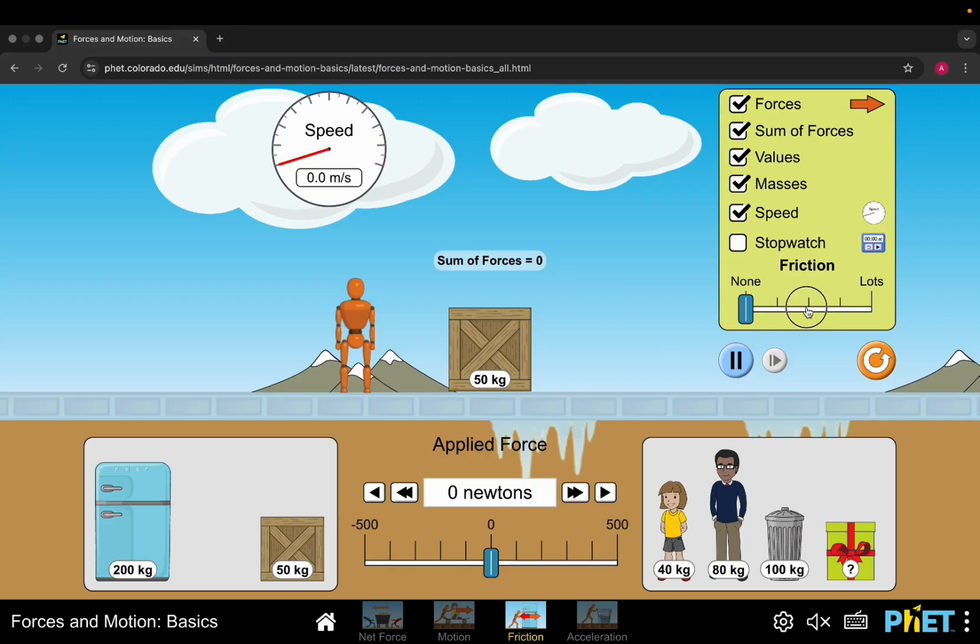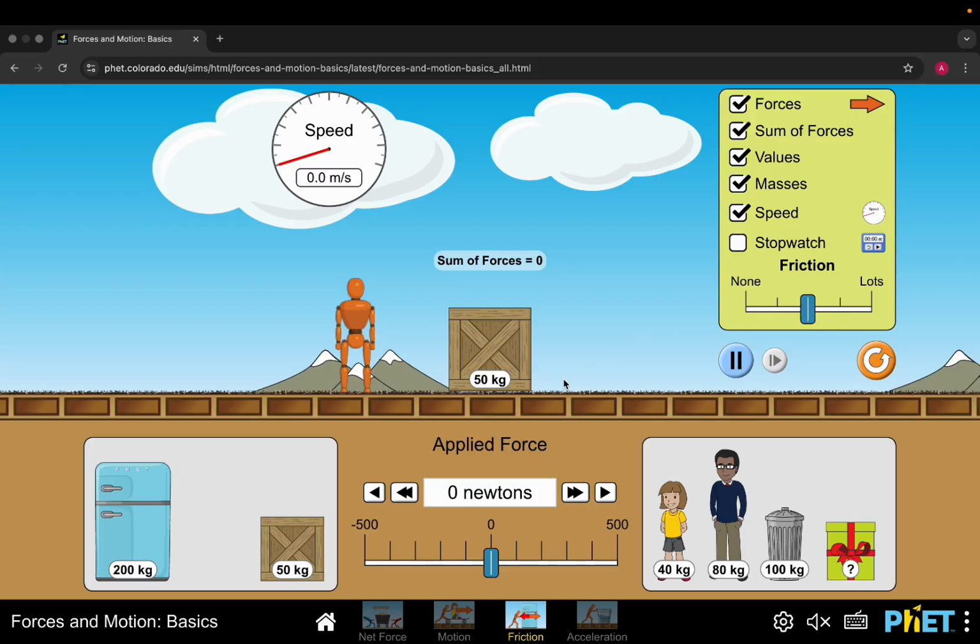But now when I add friction, there's like this pointy, or I don't know what it is, things right there. And yeah, this is what applies friction. You understand.